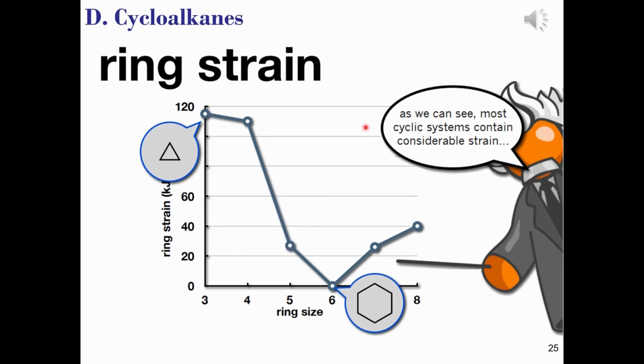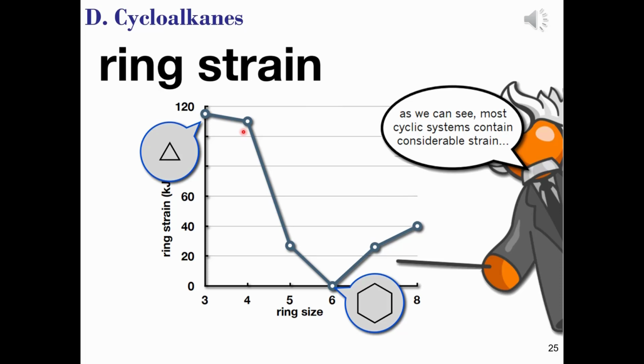Here we see a graph of ring strain versus ring size. Now, cyclopropane has a very high degree of ring strain. It's almost 120 kilojoules per mole. But as the number of carbons in the ring increases, so from 3 to 4, the ring strain is reduced.